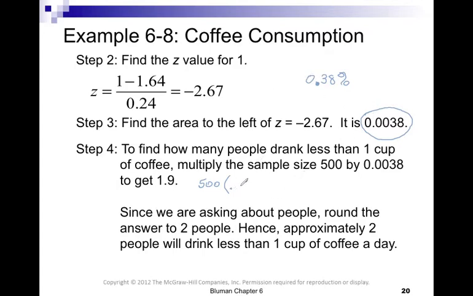So we'll actually multiply by 0.0038, and that's going to give us the number of people, which is 1.9 out of 500 that drink less than 1 cup of coffee. And we can't have 0.9 people, so we're going to round the answer to 2 people. So about 2 people will drink less than 1 cup of coffee a day.